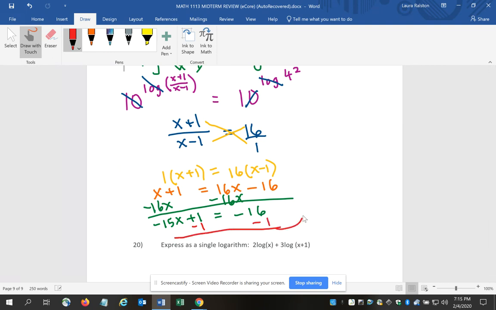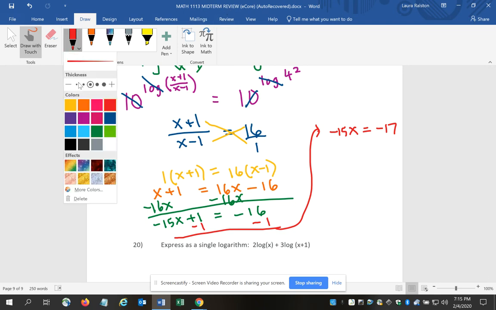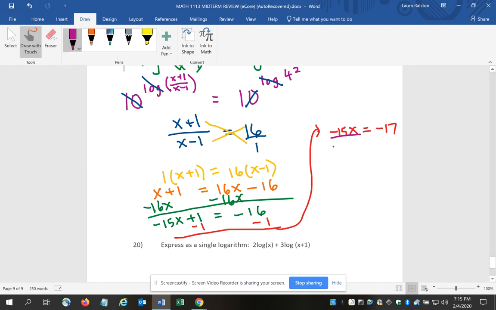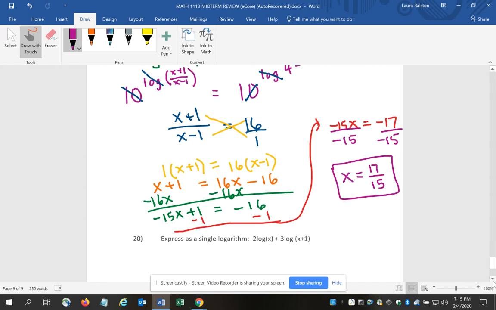And I'm almost running out of space. I'm going to take it up here. Okay, so I have negative 15x equals negative 17. And then I'm going to divide both sides by negative 15. Remember, a negative divided by a negative is a positive. So x is 17/15.